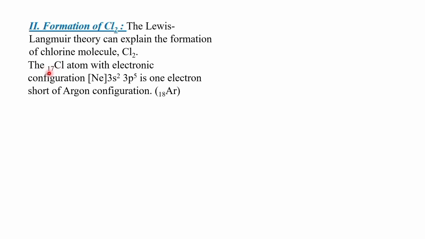The chlorine atom, having the atomic number 17 with electronic configuration 1s2, 2s2, 2p6, 3s2, 3p5, is one electron short of argon electronic configuration, means electronic configuration 1s2, 2s2, 2p6, 3s2, 3p6. Look at here, the two chlorine atoms contain 7 electrons in their valency shell, means 3s2, 3p5.